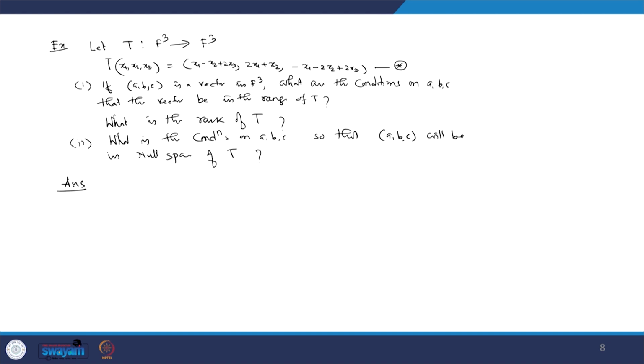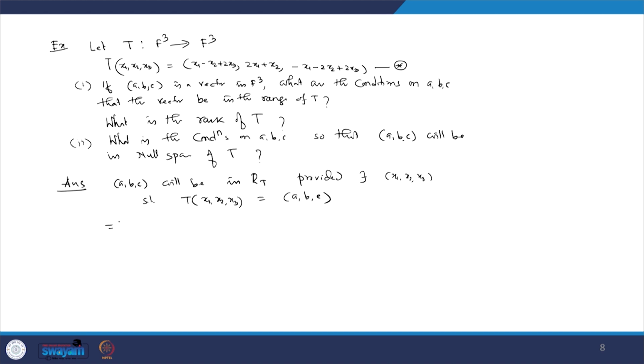Okay. So, we want to know under what conditions on (a, b, c) this will be in the range space of T. (a, b, c) will be in the range space R(T) provided there exist x1, x2, x3 such that T(x1, x2, x3) equals (a, b, c).